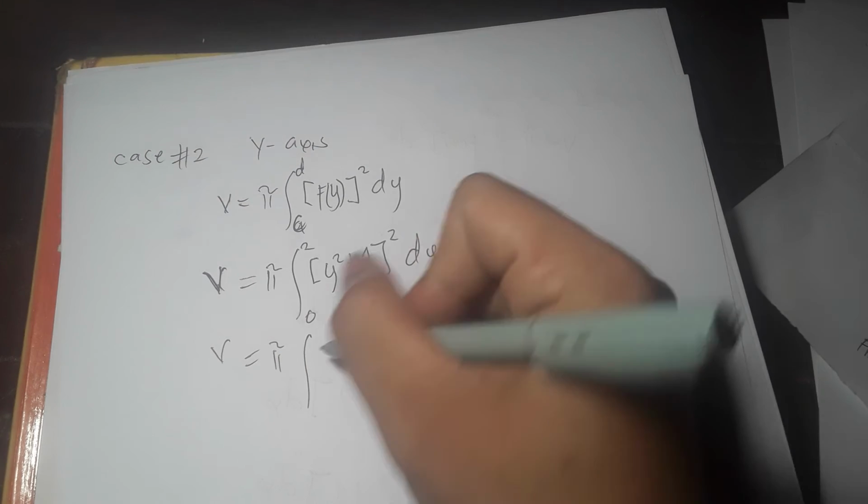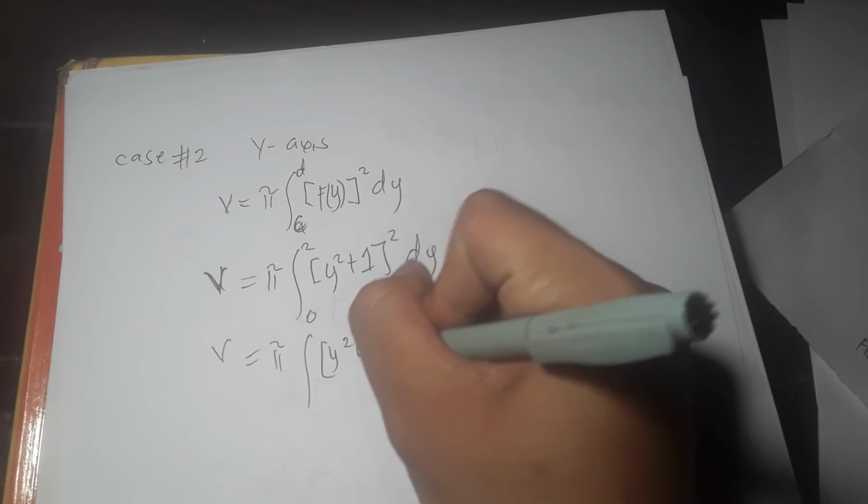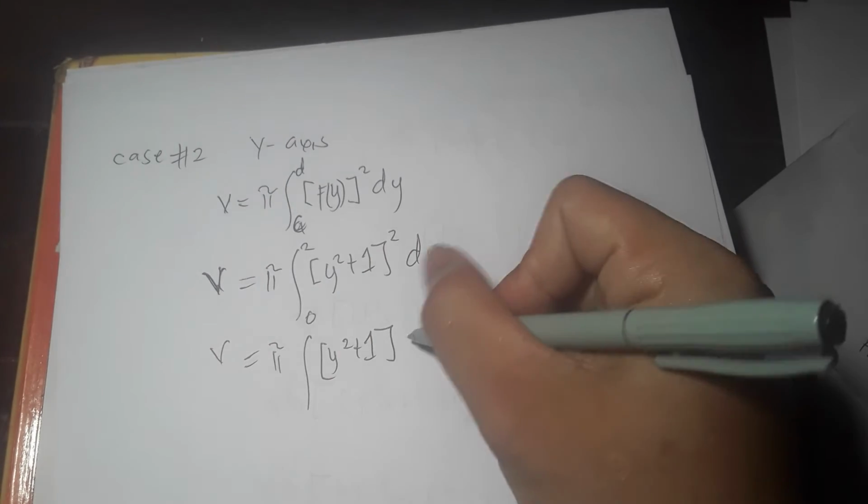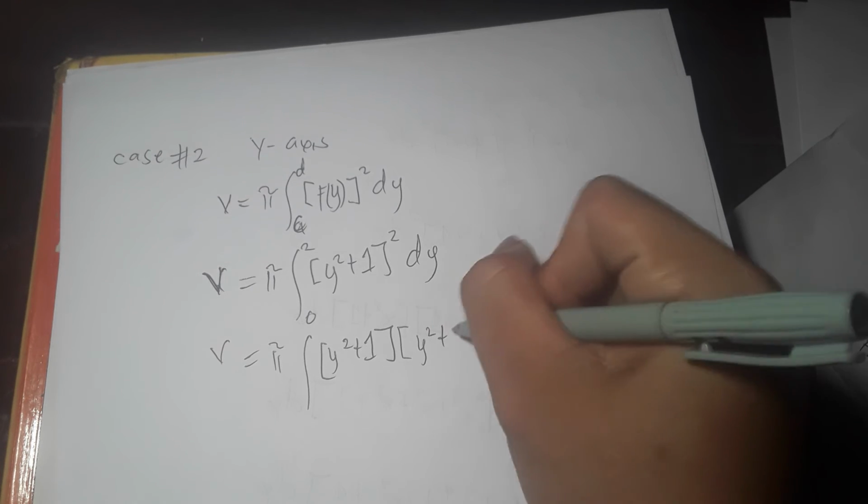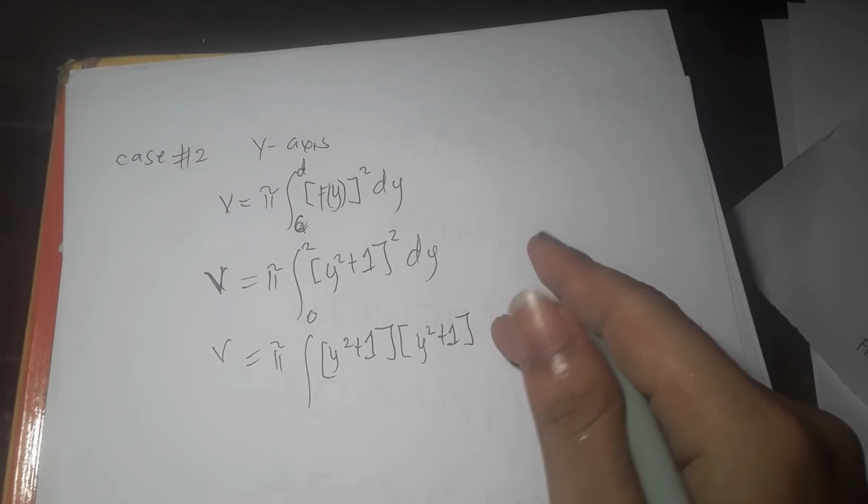At this moment, we need to expand this one. So V is equal to pi, and then the integral of y squared plus 1 times y squared plus 1 with respect to y.